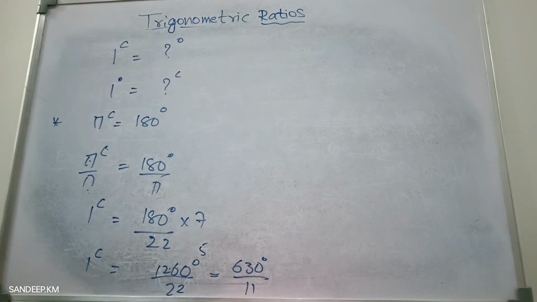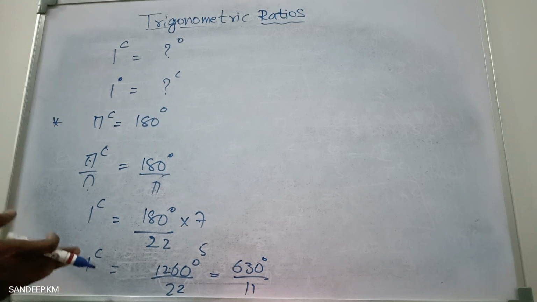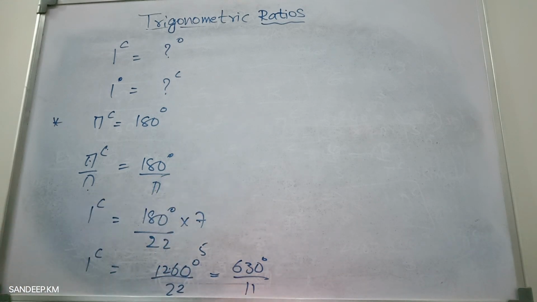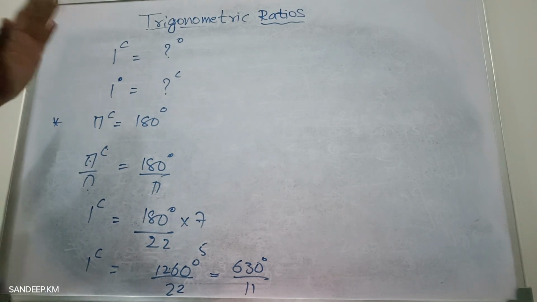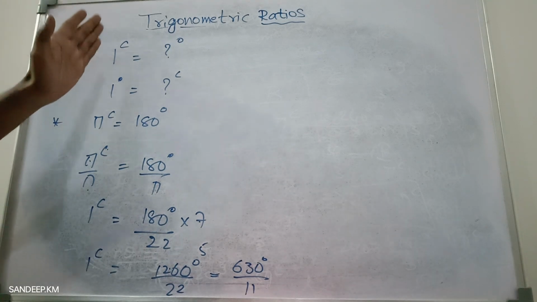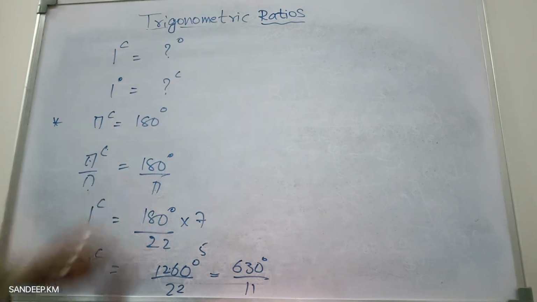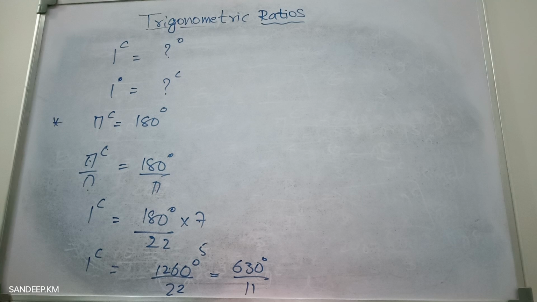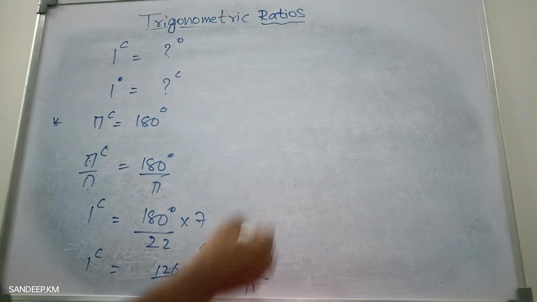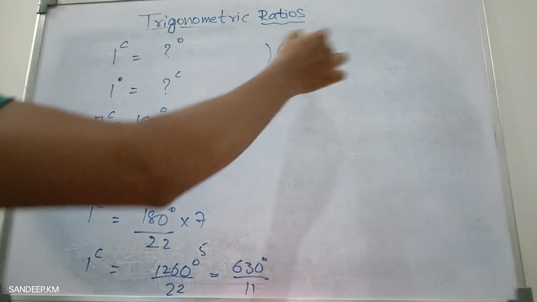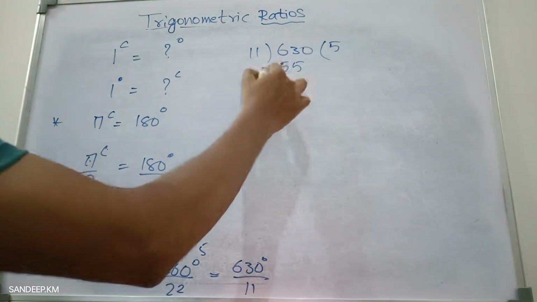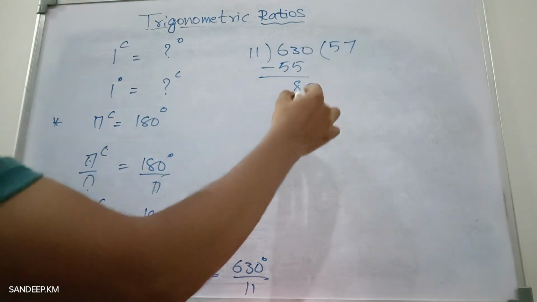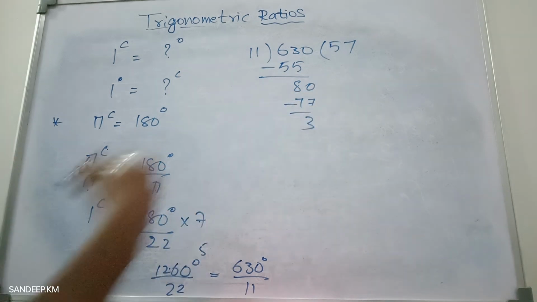But you cannot just say that 1 radian is 630 by 11 degrees in p by q form. I would like to know what is 1 radian in degrees, minutes and seconds. So if that is the case, let me divide 630 by 11. 11 5s are 55, you will get 80. 11 7s are 77, you will get 3 as remainder, right?